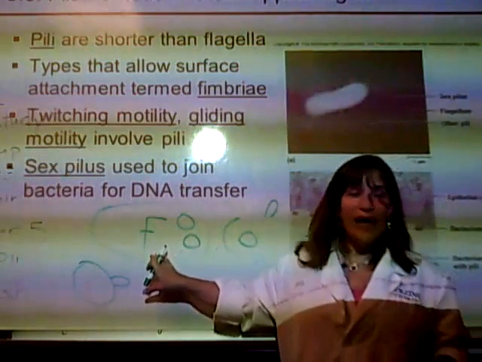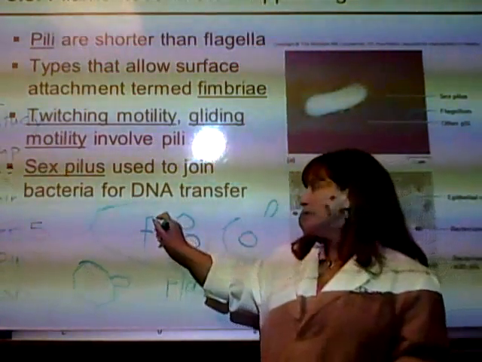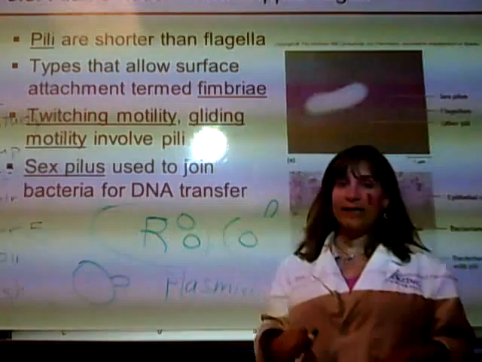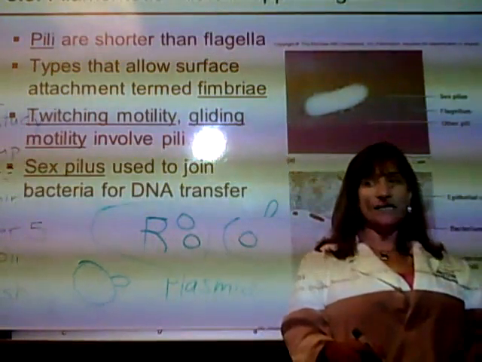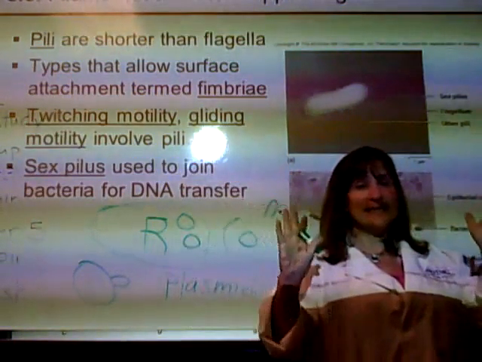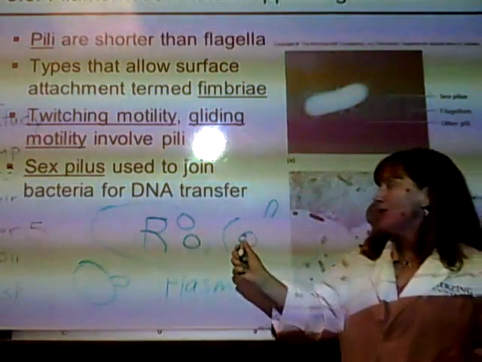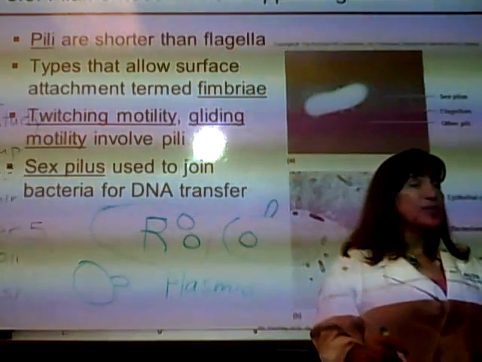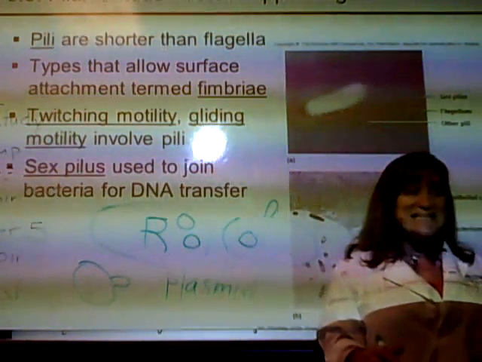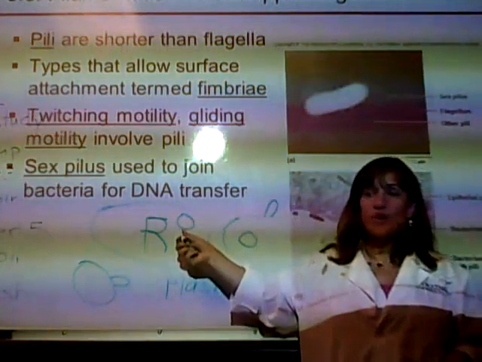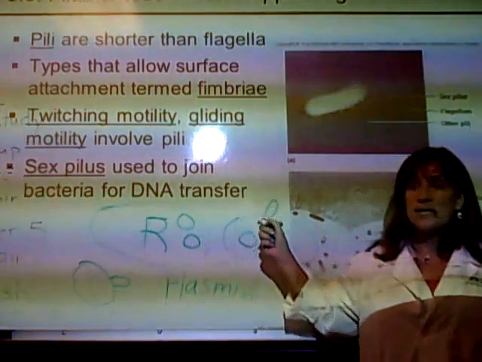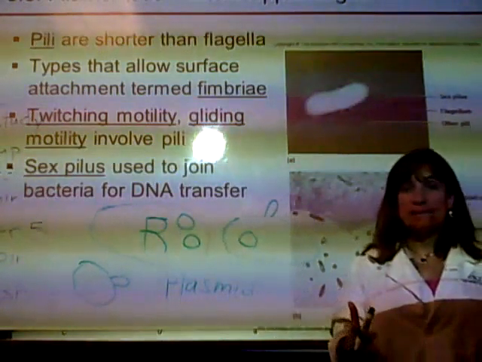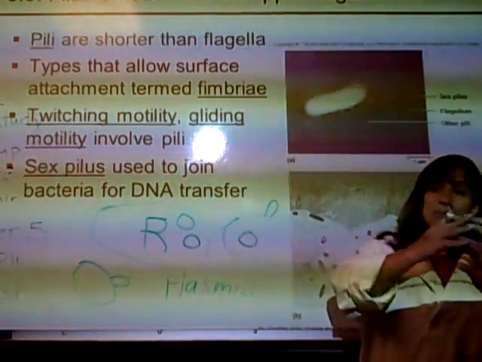So not only can you have F plasmids, you can also have R plasmids. R stands for resistance. Same idea here. This plasmid is going to be transferred, and unfortunately it can also be transferred to an entirely different species. So whereas you had one bacteria that had no resistance, now you can have another one. Another reason to be nice and clean, right? You don't want those bacteria combining together.